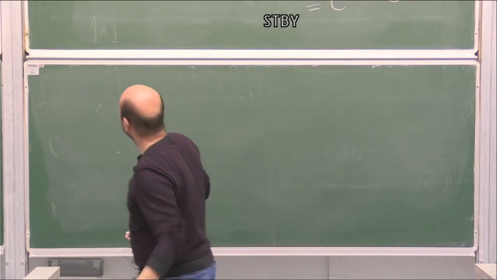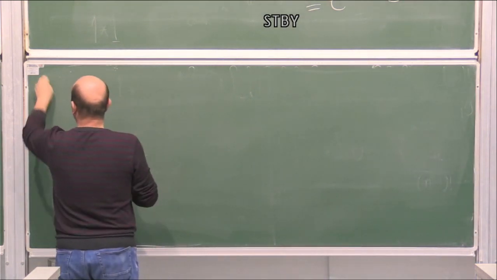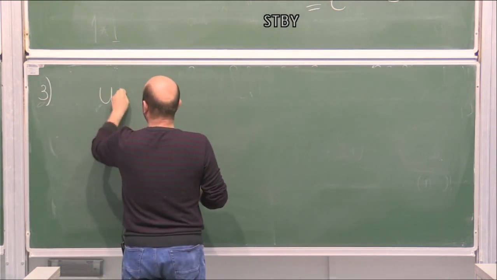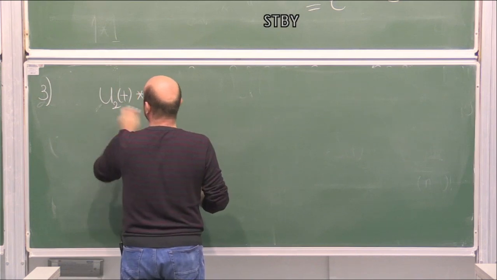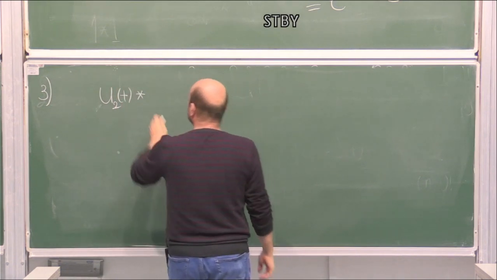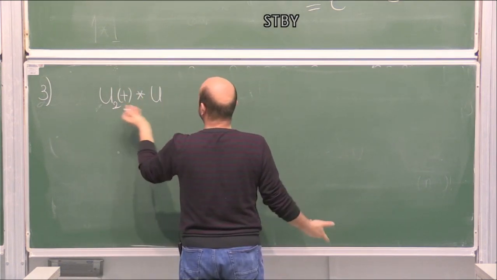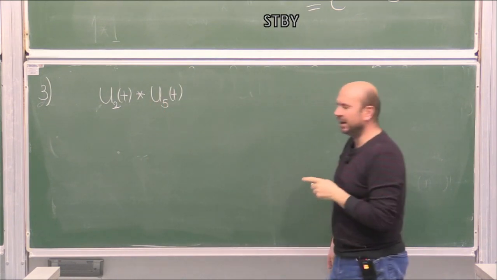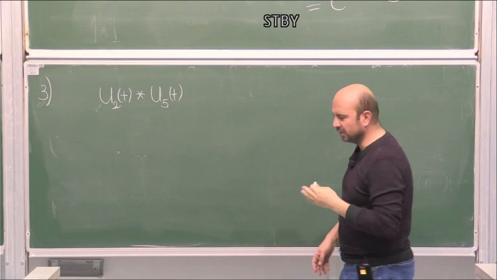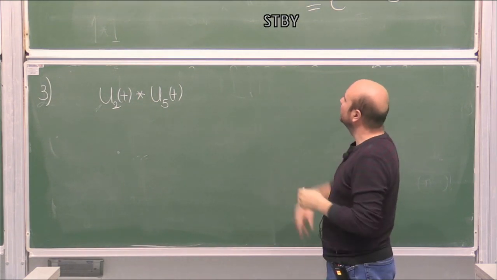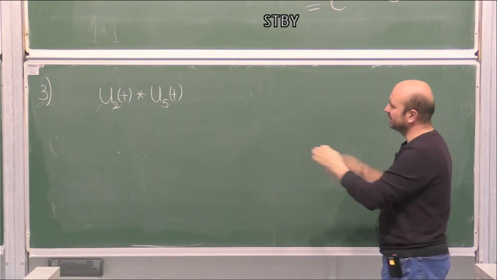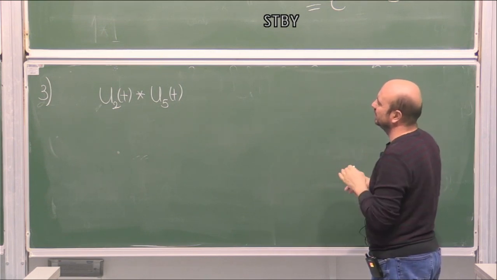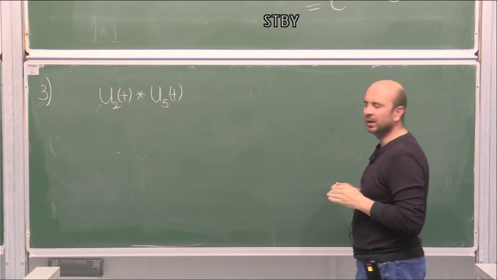As a third example, how about the convolution of u2 with, let's say, u5? This time you can still use the definition, but it may take more time because these are step functions. You have to do it case by case.